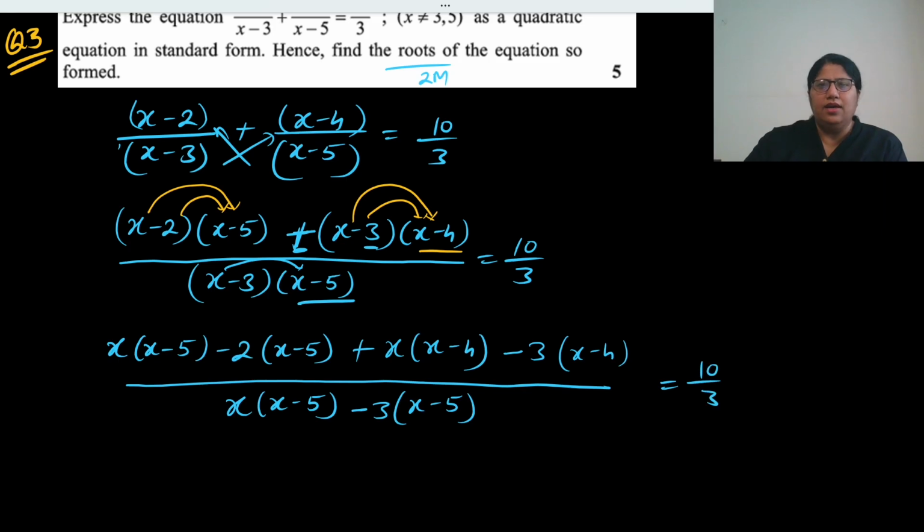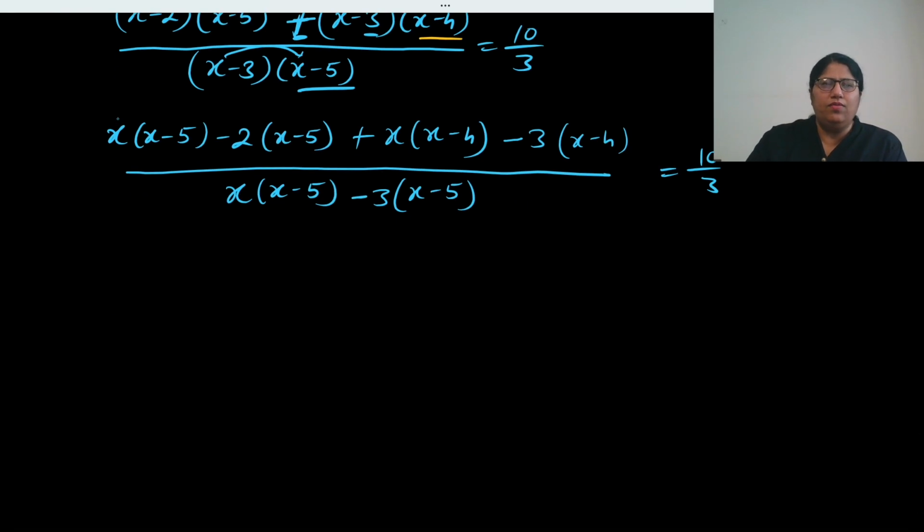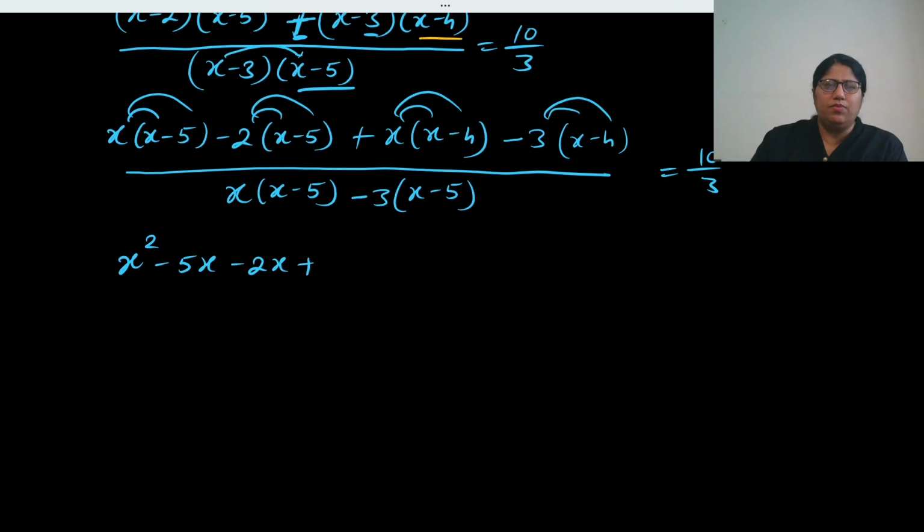Right? Now continue here, open the bracket. How are you going to multiply? Again, distributive property, only you need to be careful when there is a minus sign outside, correct? So how are we going to do here? If I open the bracket: x square minus 5x minus 2x plus 10.